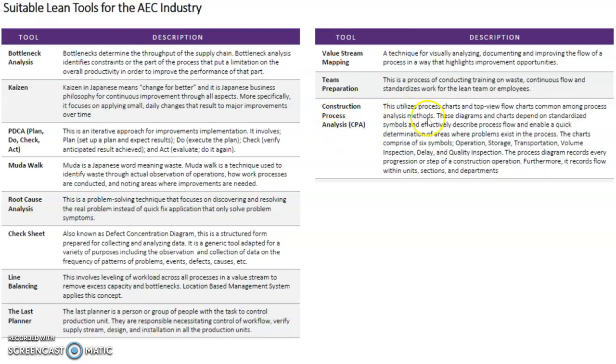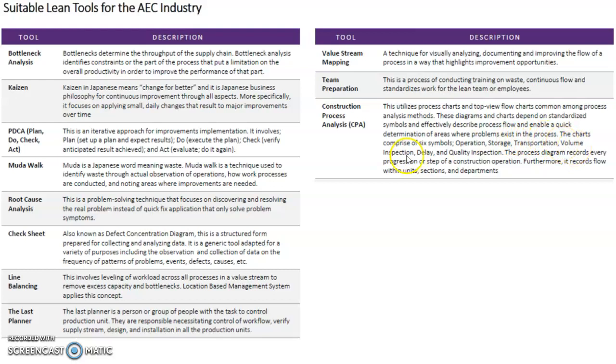There is a Lean tool called the Construction Process Analysis or CPA. This tool utilizes process charts and top-view flow charts common among process analysis methods. These diagrams and charts depend on standardized symbols and effectively describe process flow and enable a quick determination of areas where the problems exist in the process.